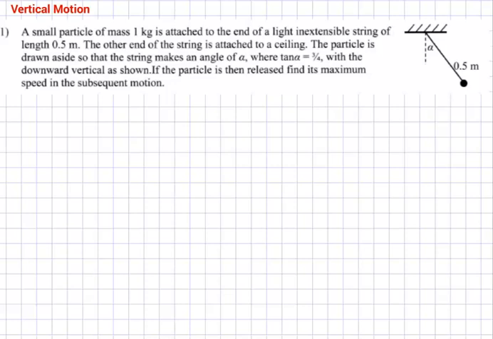So we're allowed to just know that it's going to have that maximum speed when it's doing that circular motion at that point in time at the bottom. Okay, so we can say point A and point B, and when it goes from point A to point B, when it gets to point B, it's going at its maximum velocity.